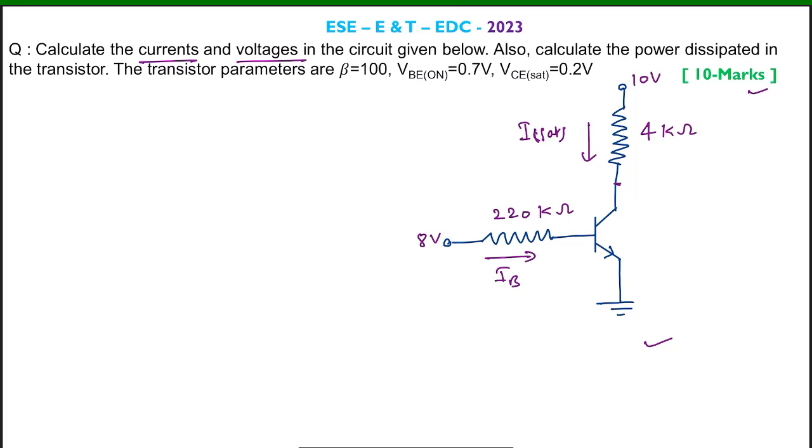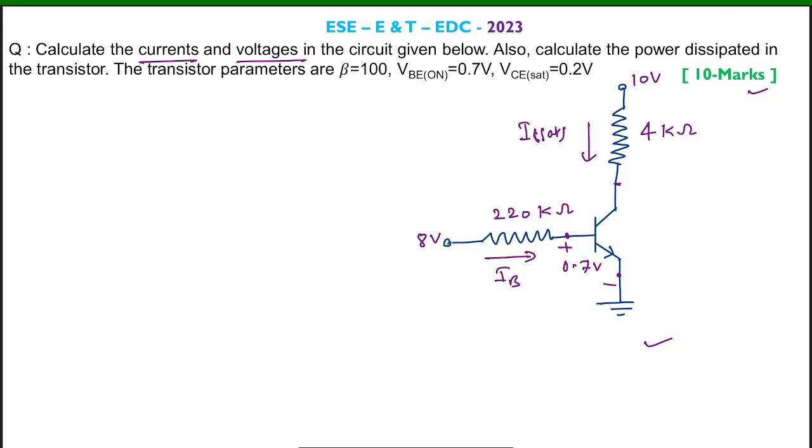Apart from this, it has given the value VBE on equal to 0.7 volt. So this is plus minus 0.7 volt, the voltage between the base and emitter terminals, the base to emitter junction of this transistor.